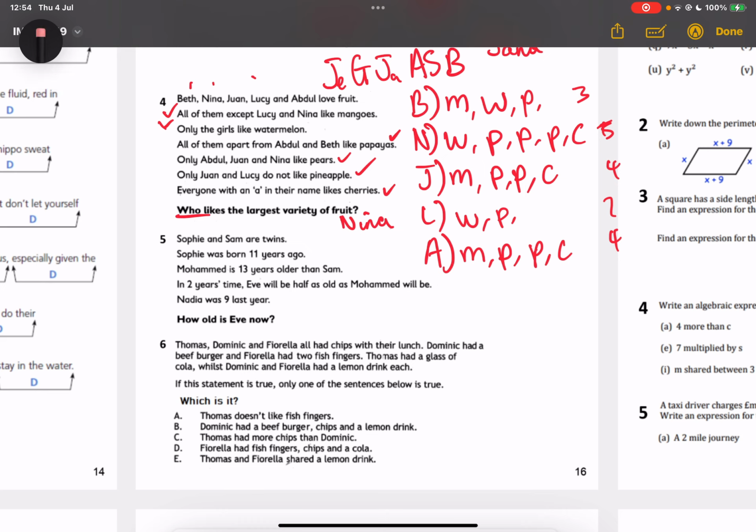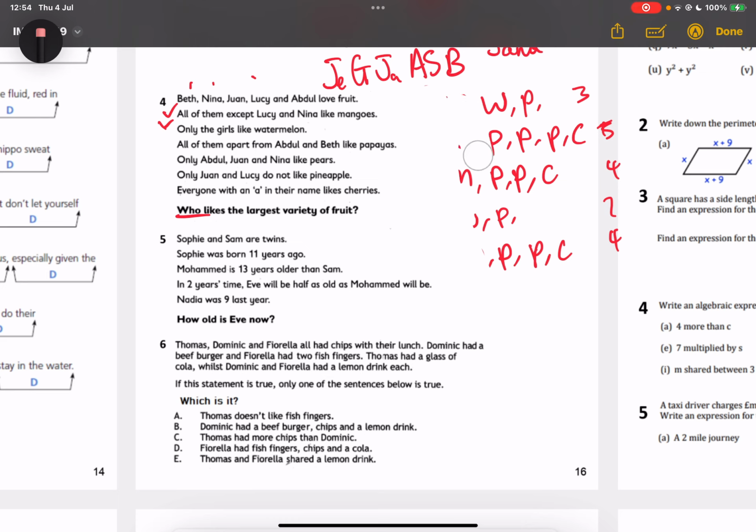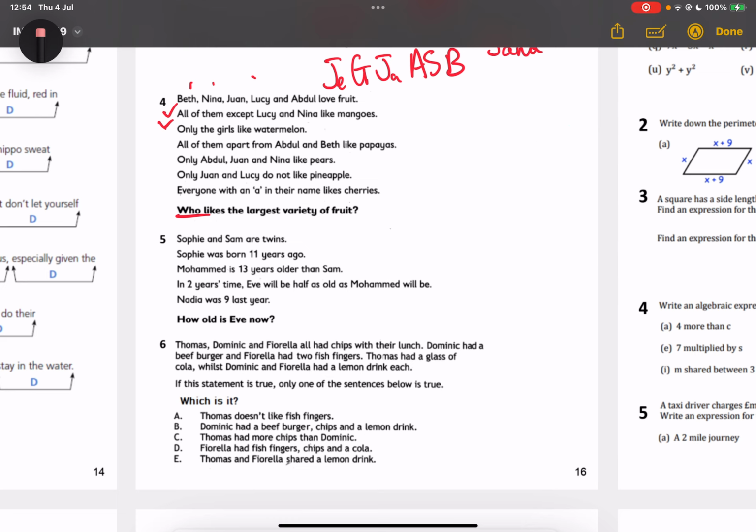Okay, Nadia seems to not be mentioning anything else, so I'll just quickly clear all of this, so we have a bit of space. And then, okay, so Sophie and Sam are twins, so Sophie's age is equal to Sam's.